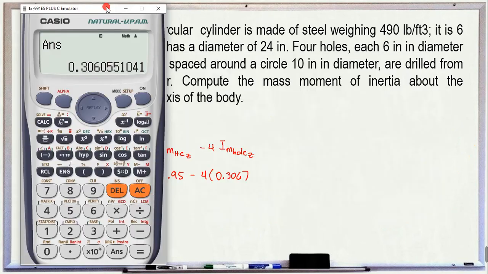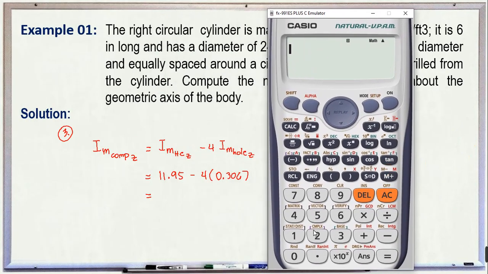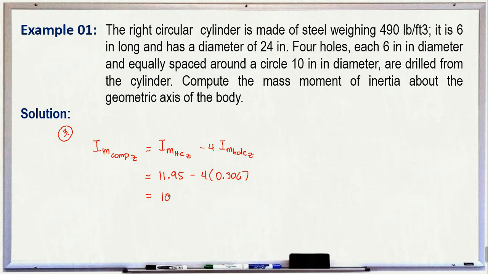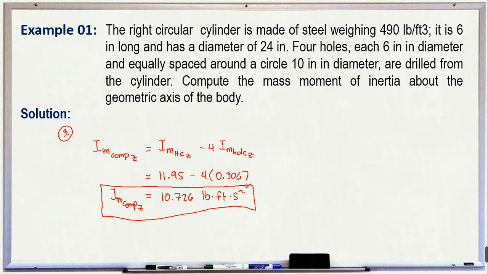Using our calculator, AC, 11.95 minus 4 times 0.306 gives 10.726. So 10.726 pound foot second squared. This is the moment of inertia of our composite object with respect to its geometric center, or along the z-axis.